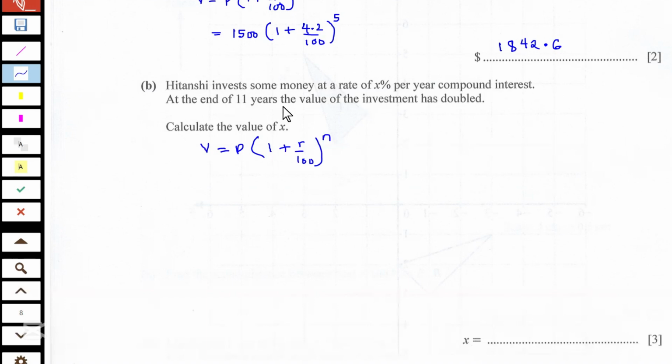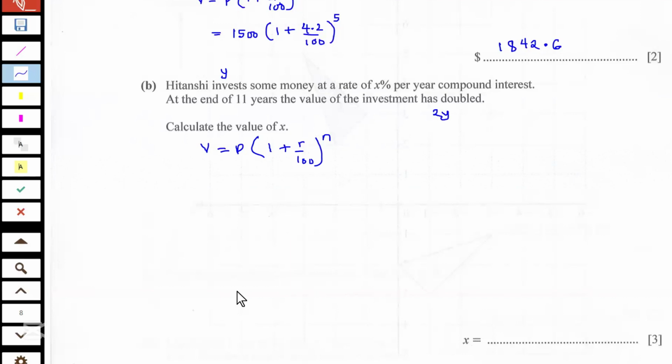If the investment is Y, then at the end of 11 years the value of investment has doubled. So it becomes 2Y.